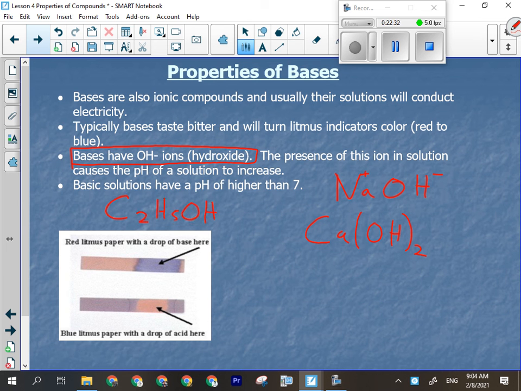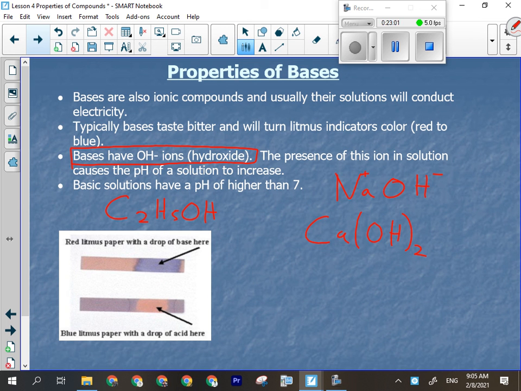Now, would that be a base? This one's tricky. It ends in OH, right? I just finished telling you that anything that ends in OH must be a base, as long as it's what kind of compound? Ionic. Is that an ionic compound? It is not. It starts with carbon, which is a non-metal. This is ethanol.